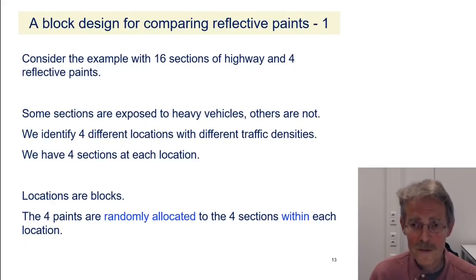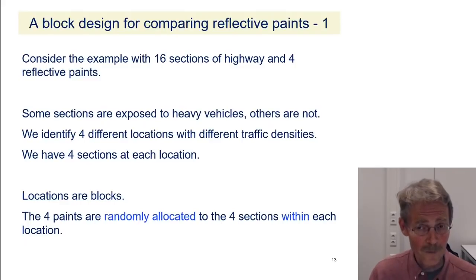Now you can imagine that if you want to compare these reflective panes, you have a number of sections of highway at your disposal, and you notice, after you have randomly assigned your panes to your sections of highway, that pane number 1 is predominantly assigned, just by chance, to sections of highway with a lot of heavy lorry traffic, while pane number 3, just by chance, is assigned to pieces of highway sections where there are not many lorries.